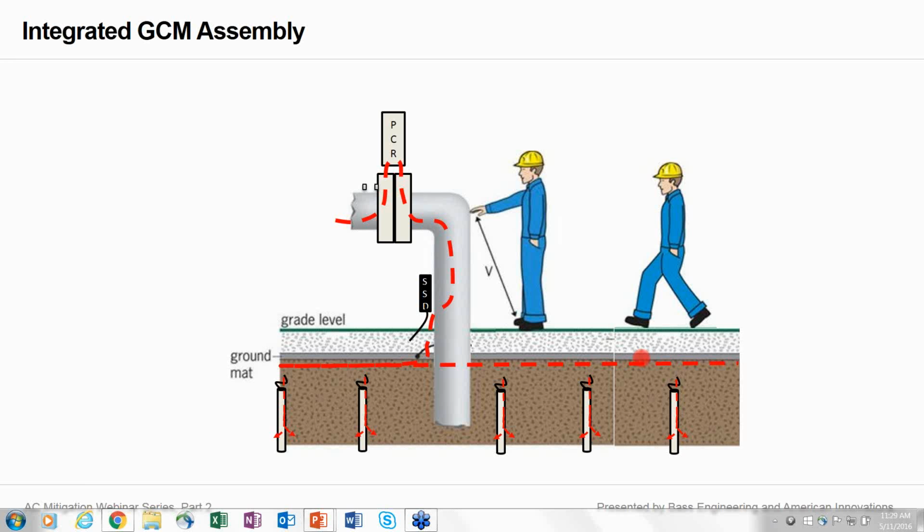Instead of a 5,000 volt difference between left foot and right foot, he may only have a volt or two. So we have effectively collapsed those gradients. The anodes may be assisting with the dissipation of some of that energy, but most of that energy will tend to dissipate right off of those gradient control mats as we collapse those voltage gradients in close proximity to the pipe.